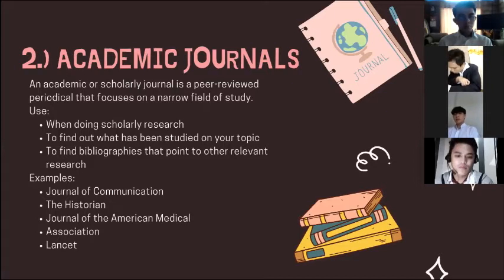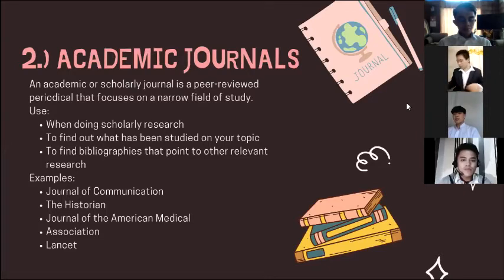Examples: Journal of Communication, The Historian, the Journal of the American Medical Association, and Lancet. Lancet is a weekly peer-reviewed general medical journal. It's one of the oldest and best-known general medical journals.